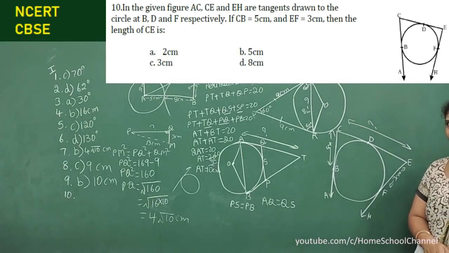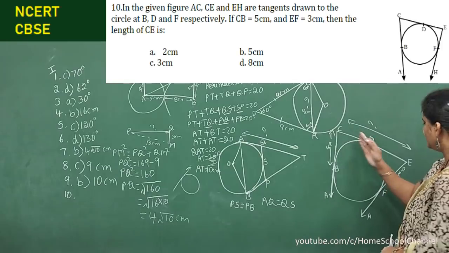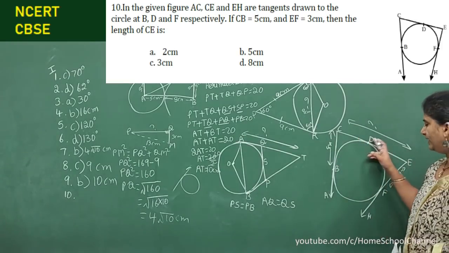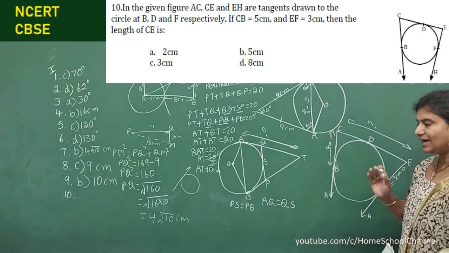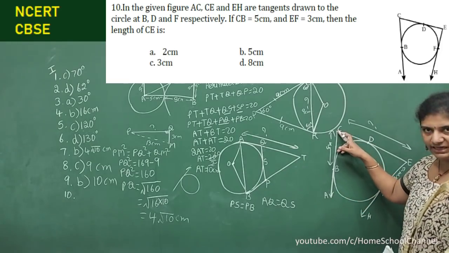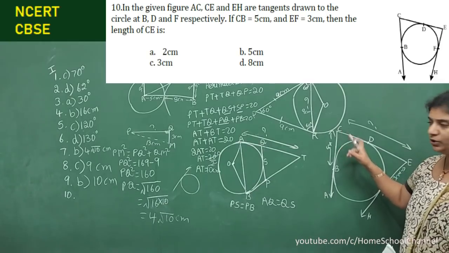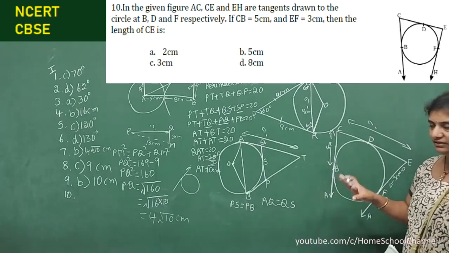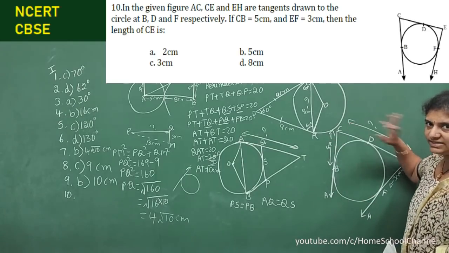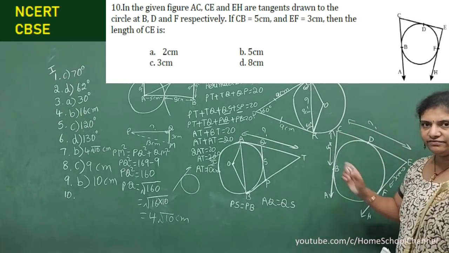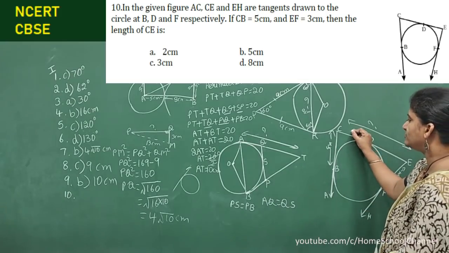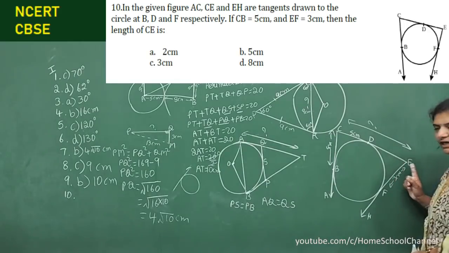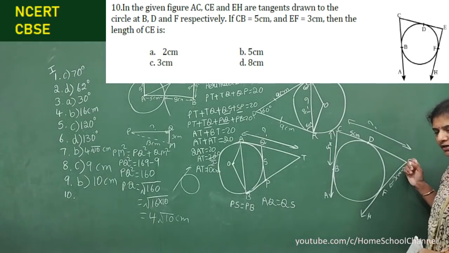This is very simple. Observe here, AC, CE and EH are the tangents given at points B, D, F. Suppose I take C, C is an external point to the circle, right? CB, CD is also a tangent. CB is equal to CD. What is CB length? 5 centimeters. So, therefore, CD is also 5 centimeter. Then coming to E. E is also an external point.